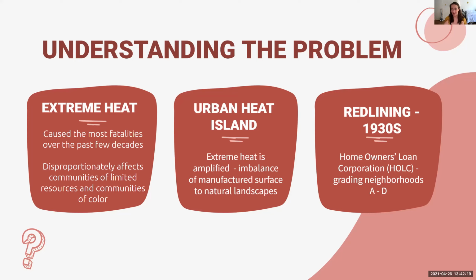Degraded neighborhoods were given the color red, so they were given a red line around them, which is where the term redlining comes from. So when I refer to a redlined neighborhood, I'm talking about degraded neighborhoods, and non-redlined neighborhoods are A, B, or C neighborhoods.